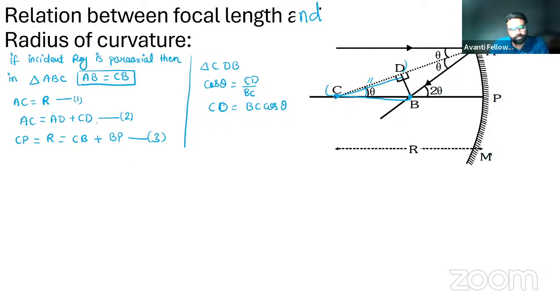अब देखो, can we put this value of CD in this equation number 2? Then AC will become AD plus BC cos theta. देखो, somehow we have to relate this AD also. Got it?